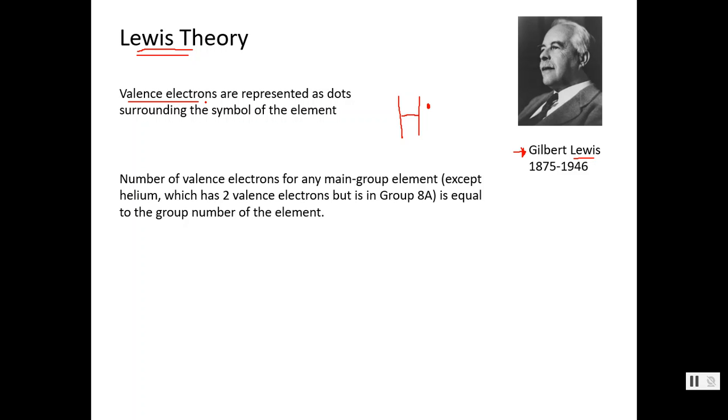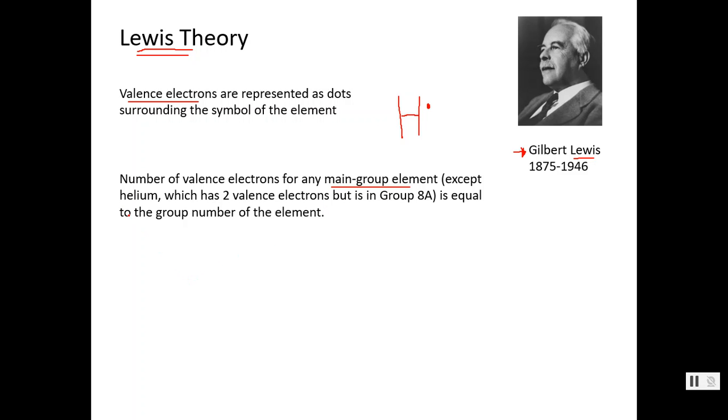So we talked about in the previous chapter that valence electrons are the electrons associated with the highest principal quantum number. That's true. But a quick and dirty way to determine the number of valence electrons for an element, specifically any main group element, that means elements in groups 1 through 8, skipping the transition metals, those middle d elements, is that the number of valence electrons for any main group element is equal to the group number of that element.